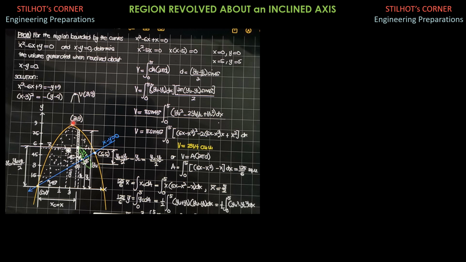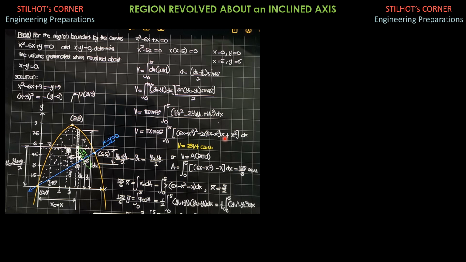Upper y is the y of the parabola, which is 6x minus x squared. So that's 6x minus x squared, quantity squared, and minus 2 times upper y, 6x minus x squared. The lower y is the y of this line, which is simply x, because y is x.